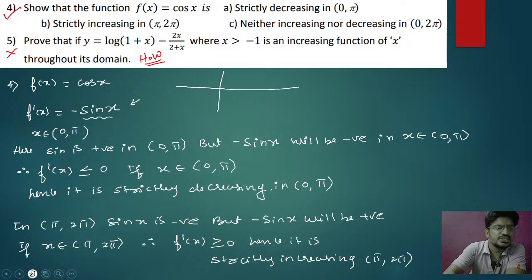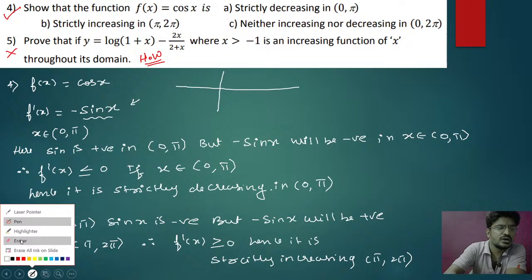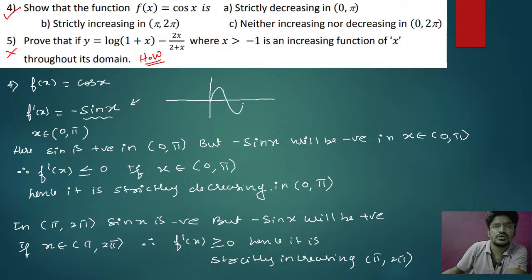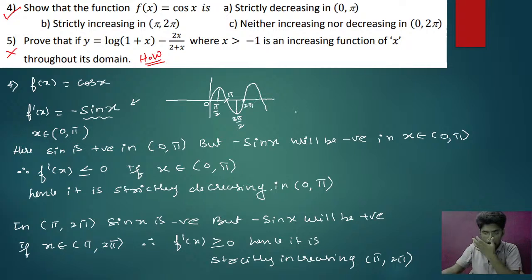You can see this sine graph in the 11th class NCERT textbook. It is given by a very neat representation like this. This is the sine curve: 0, pi by 2, here it is pi, here it is 3 pi by 2, and at this point it is 2 pi, and it goes on like this. So this is sin x.